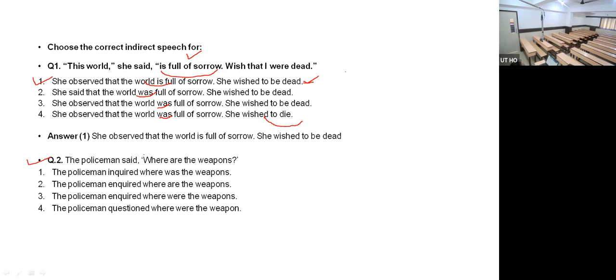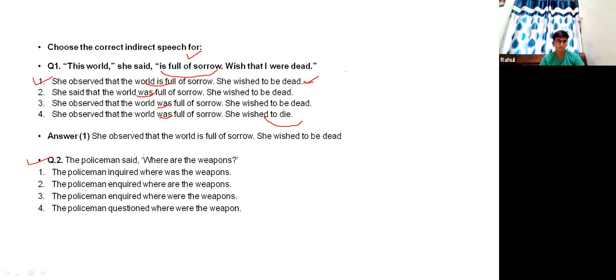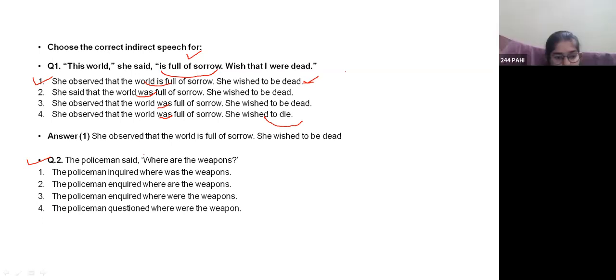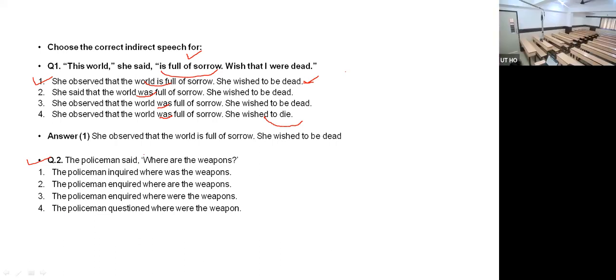Number 2. The policeman said, "Where are the weapons?" Question, or inquired. Can you go both? Third is the answer. "Where were the weapons?" or "where are the weapons?" What would be those?